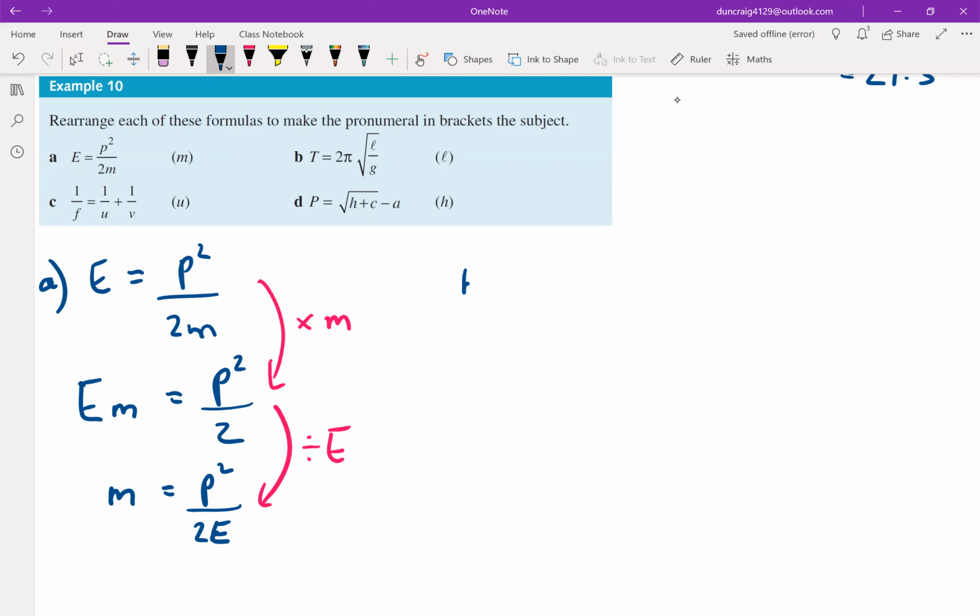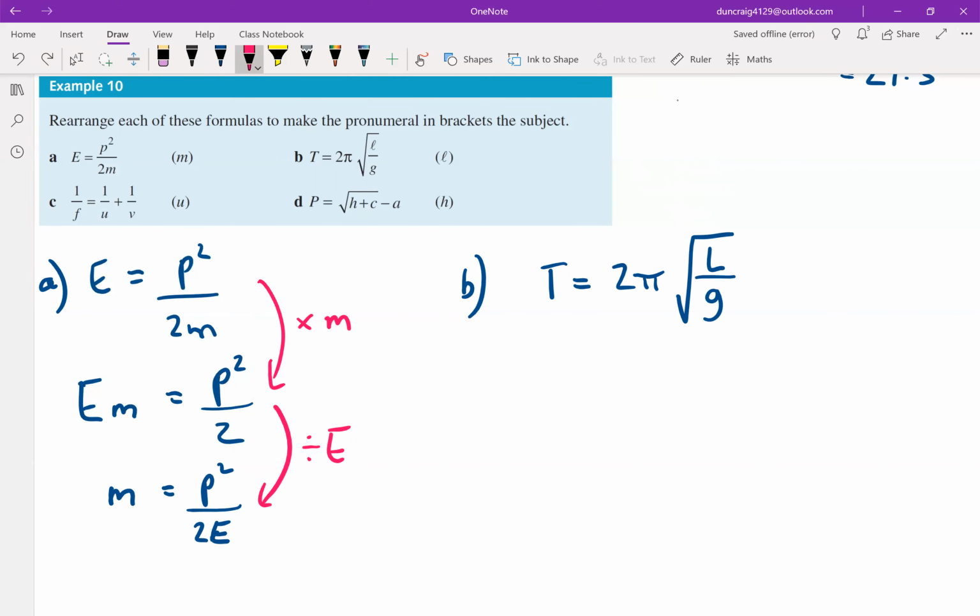In our second example here, we've got T is equal to 2 pi square root of L over G, and I want to make the L the subject. Okay. So first of all, I want to get rid of the 2 pi there.